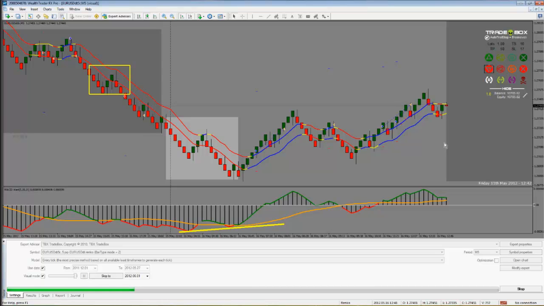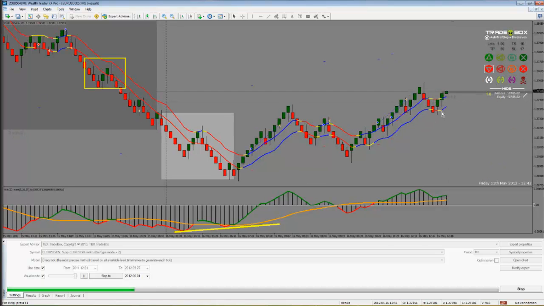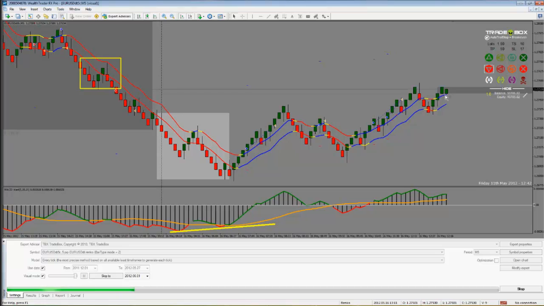Now, if this forms a double top and starts to reverse the other way, we'll start looking at a short position as a swing failure. And you can see, even though we've got almost a double top through there, our MACD is starting to slope the other way.